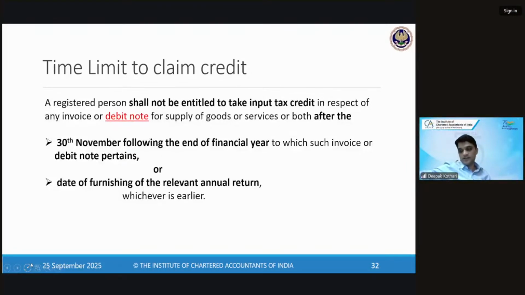The intention is not to forget it. In case the invoice has come but the supplier has not filed GSTR 1, you can follow up with him and tell him to file at least by year end, or by October of next year, otherwise I cannot claim the credit.